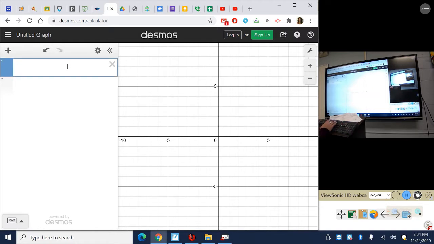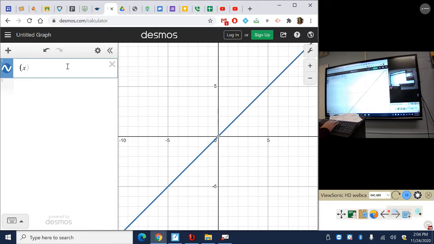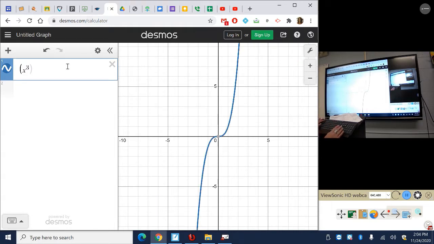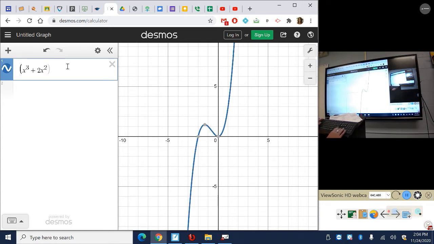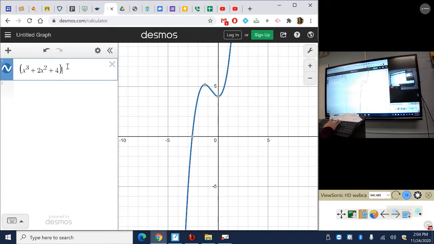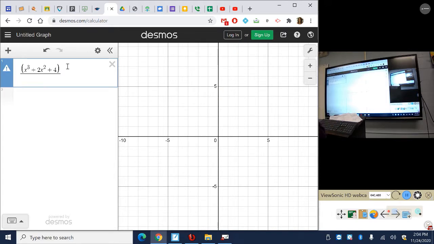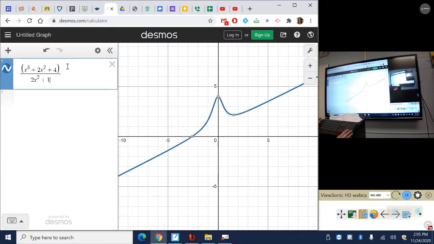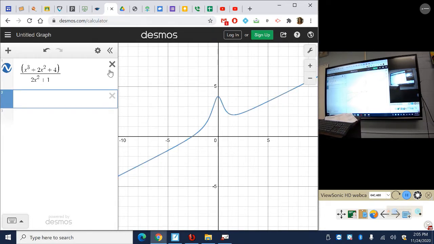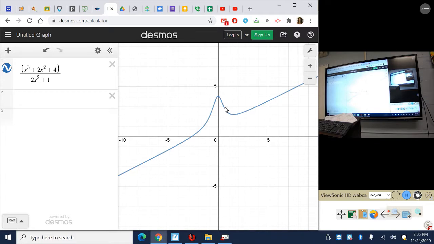This is going to be parenthesis, x raised to the third, plus 2x squared, plus 4, divided by 2x squared plus 1. And there's my graph.